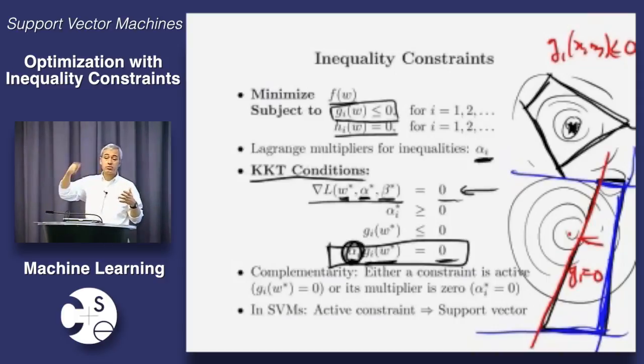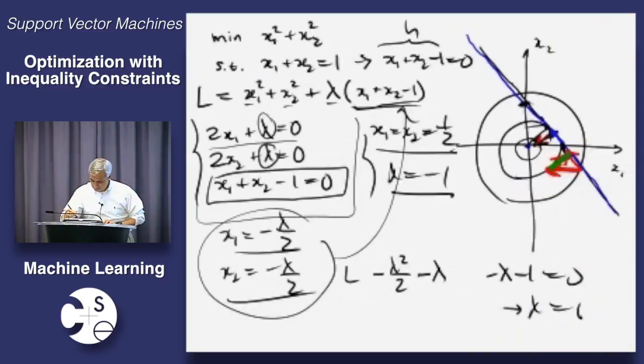And I said that my dual variables were going to be the example weights, and remember, the example weights are these alphas. So what is my support vector machine going to be? Some constraints are going to be inactive, and some are going to be active. What are the active versus inactive constraints?